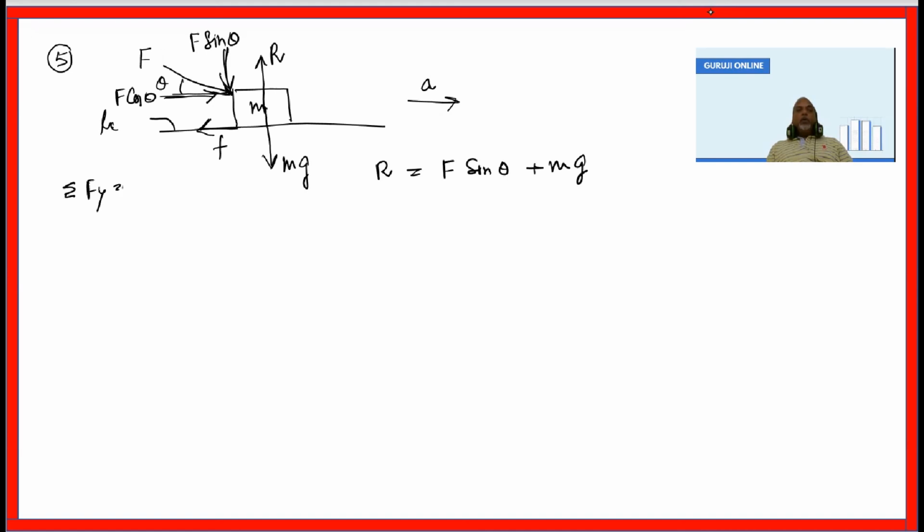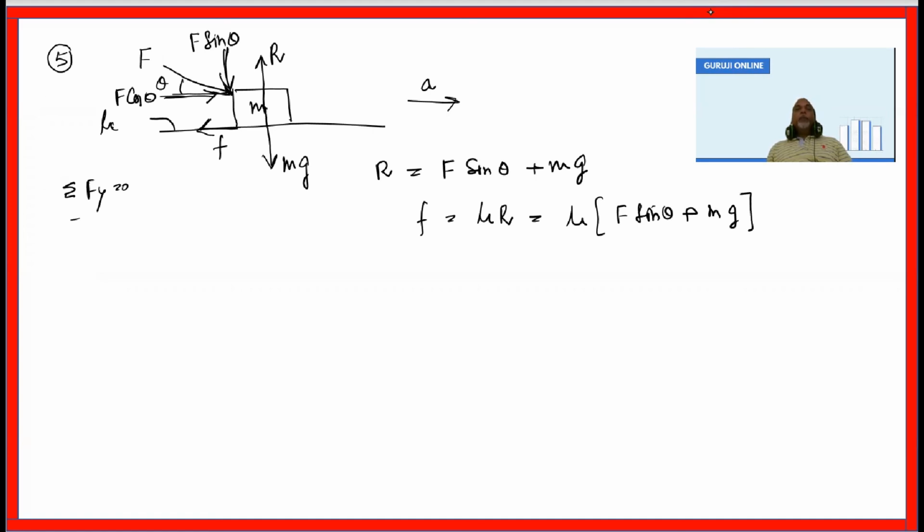Then your frictional force will be mu R, and this will be nothing but mu into F sin theta plus mg.